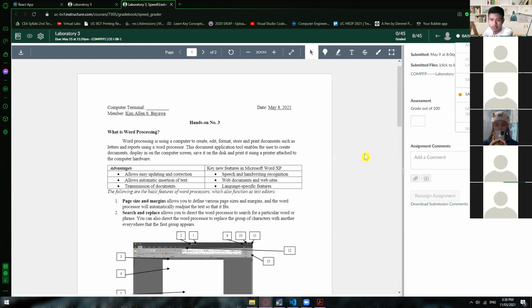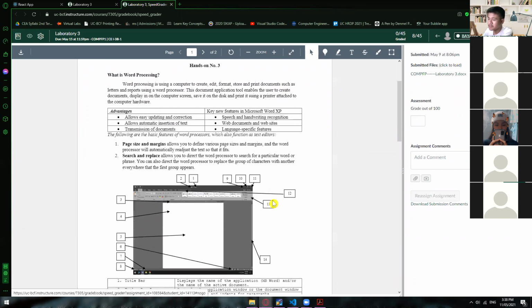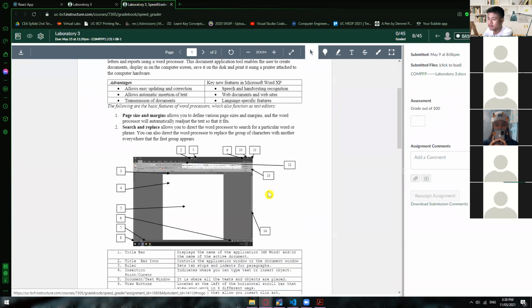Can't you download the Microsoft Word itself? 2016 or 2015, I guess that's already enough. No need for the latest version, because the standard is actually Microsoft. The second one is Open Office.